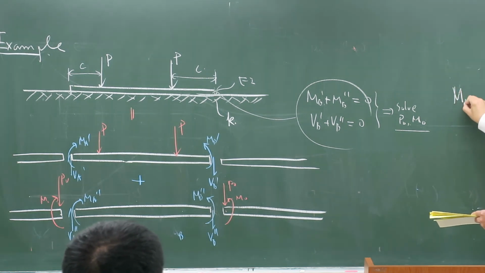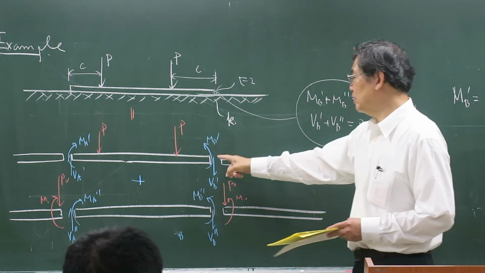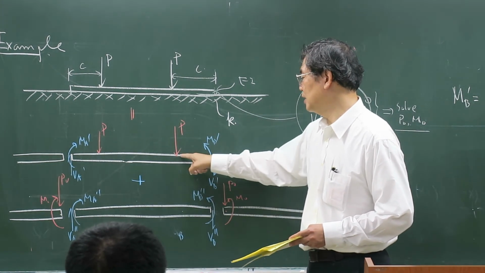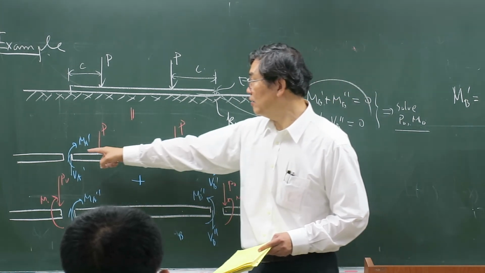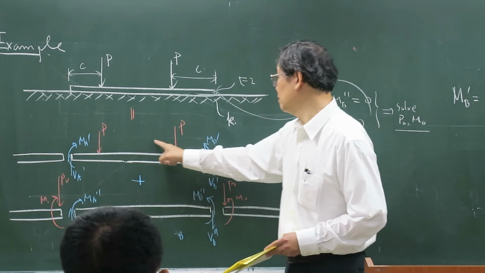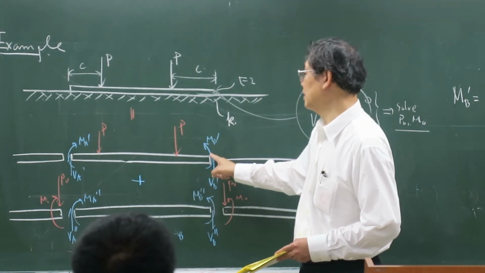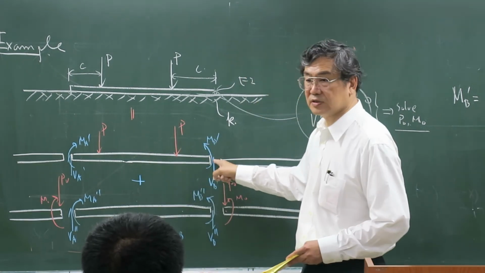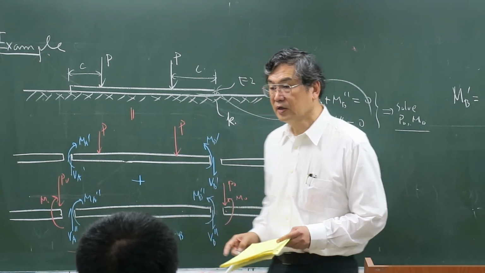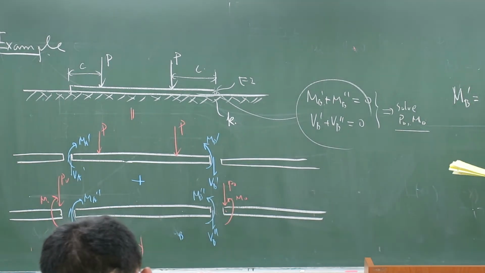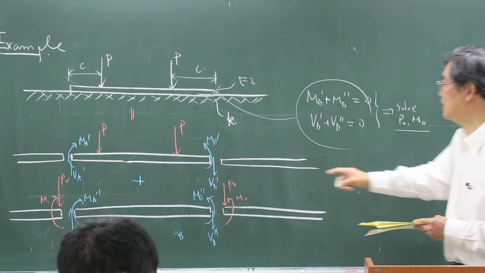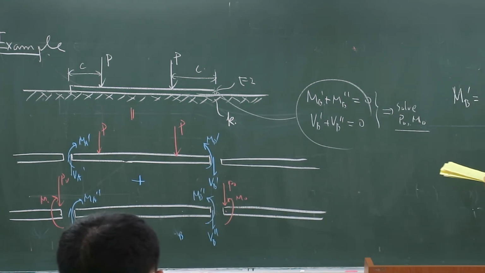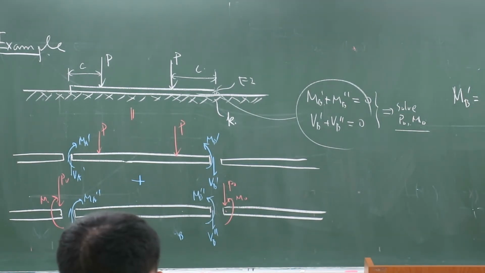Okay? So now our M_B prime will come from, on the right-hand side, a C distance, and I have L distance, so L minus C distance from the P. Okay, so M_B prime is equal to P over 4 beta phi beta C. Okay, I'm a C distance from this P, plus P over 4 beta phi beta (L minus C).